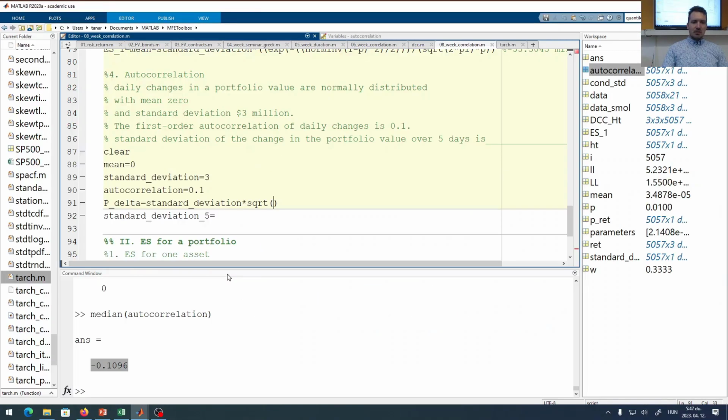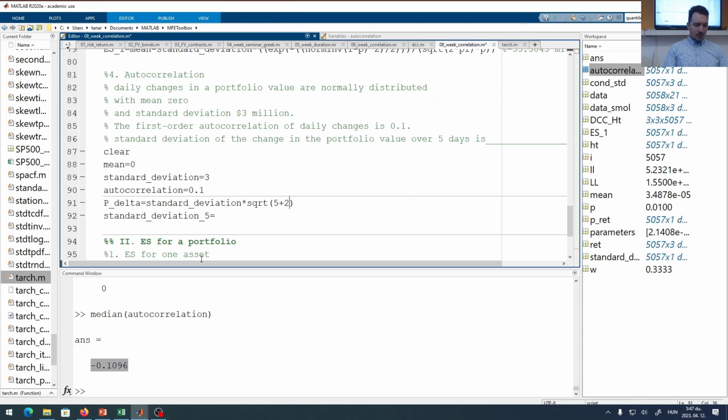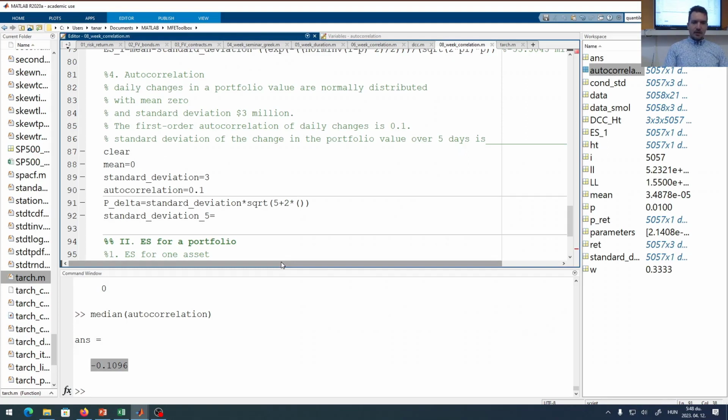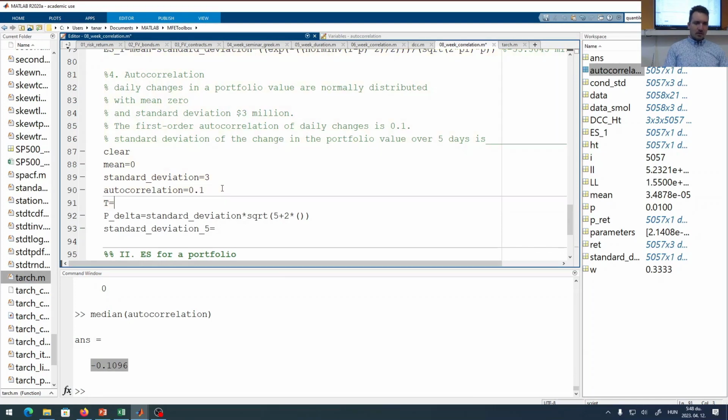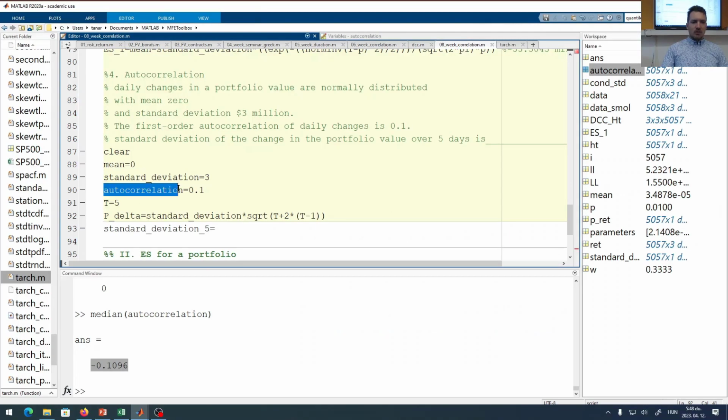Days just backwards. So 5, not multiplied, everything is in 2 times. And t minus 1. Can we make this faster? Equals 1. So this one is, sorry, not equals 5. T minus 1 multiplied with this autocorrelation. Ooh, why so? Okay.